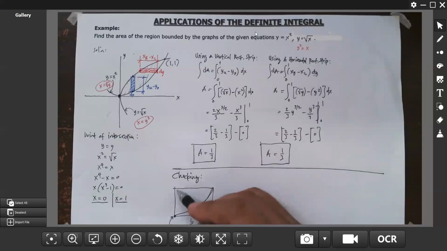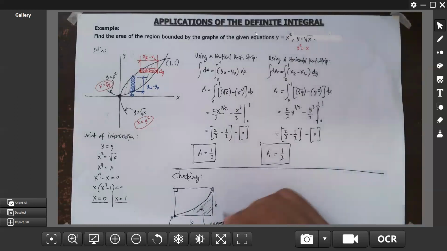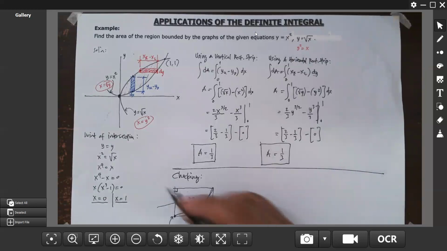This is called a parabolic spandrel. While this one is a parabolic segment.